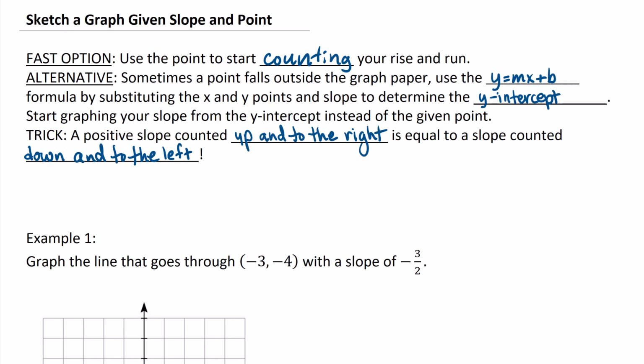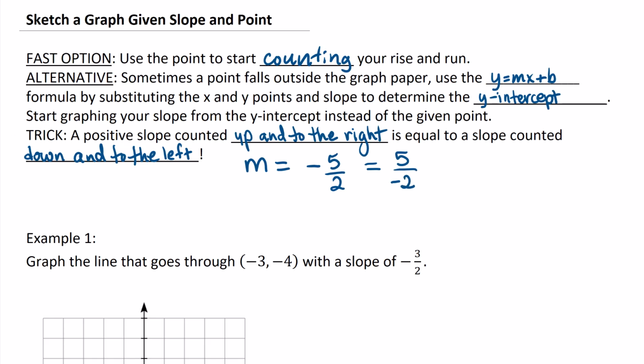Let me give you an example of that. So if your slope is equal to -5/2, then this is equal, when you're counting rise and run, to +5/2.